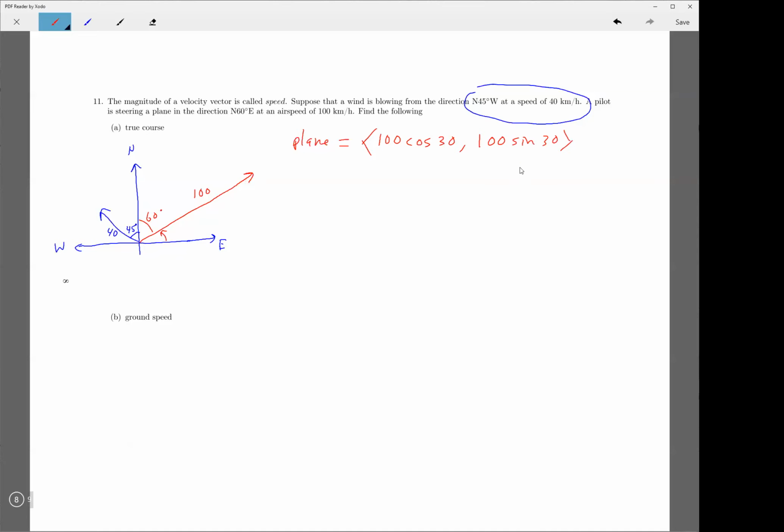Okay, so that's going to be the plane, and we can go ahead and calculate that. So 100 times cosine 30, and 100 times sine 30. I have approximately 86.603, and then I have 50.